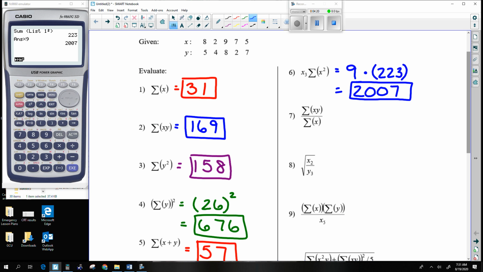Number 7, the numerator is the same thing as number 2. The denominator is the same thing as number 1.